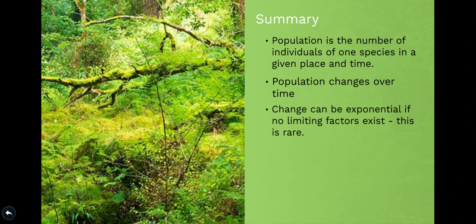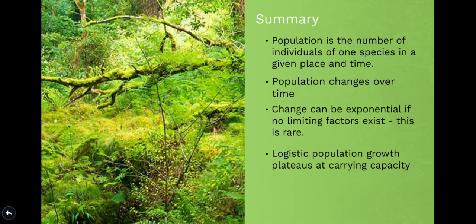What we need to understand is that this is rare, so we do not tend to find complete exponential growth forever. Logistic population growth, and this is where you see the S-shaped curve, plateaus at carrying capacity. And carrying capacity is essentially the number of organisms that an ecosystem can sustain over a period of time. And populations are regulated by biotic and abiotic factors.